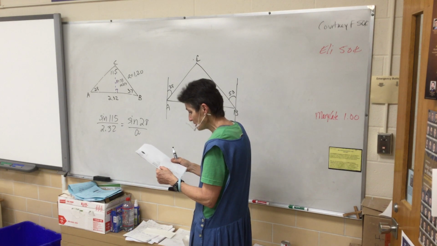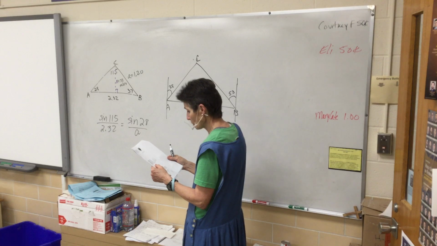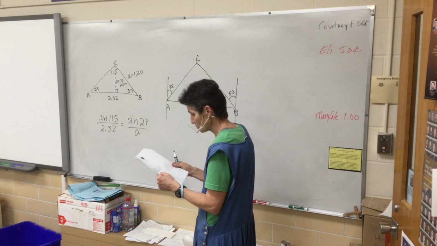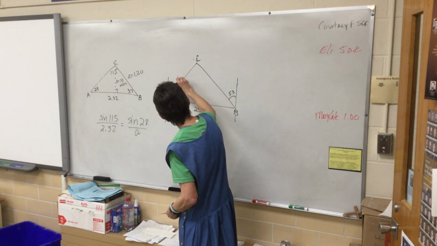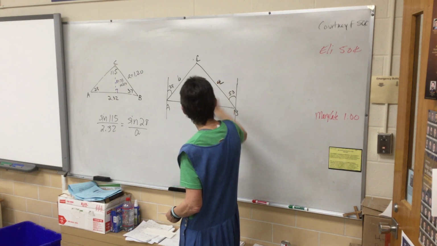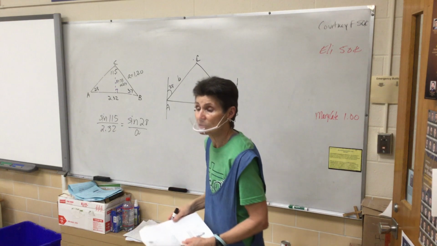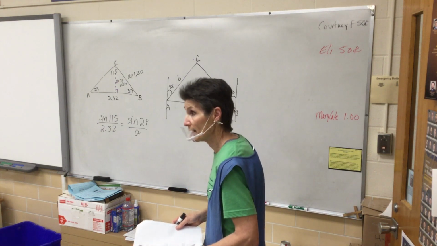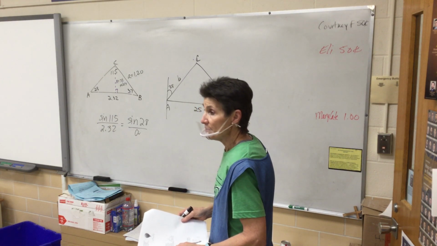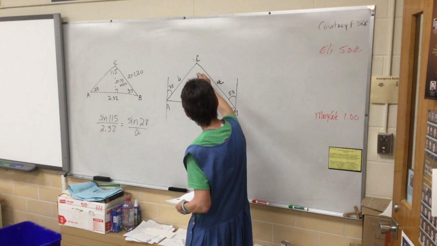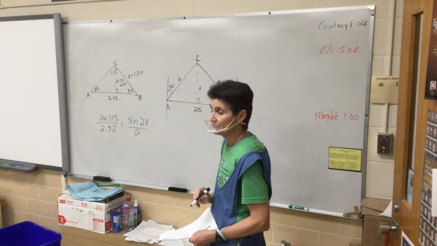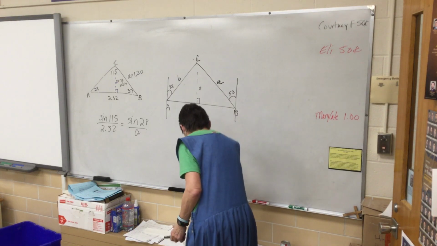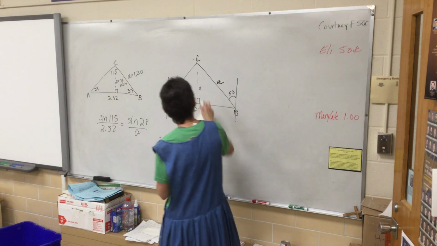Find the distance from each meteorologist to the tornado, and then find the distance between the tornado and the road. So we have to find side B and side A. That's the distance from the meteorologist to the tornado. And when we're done with that, we'll drop that altitude back in. Do you have a plan?